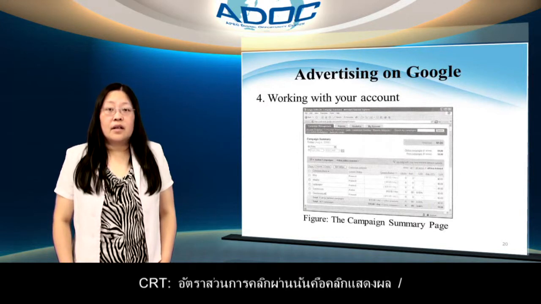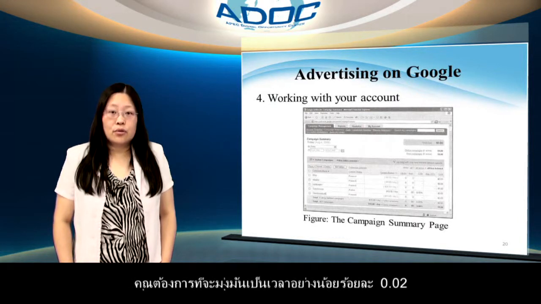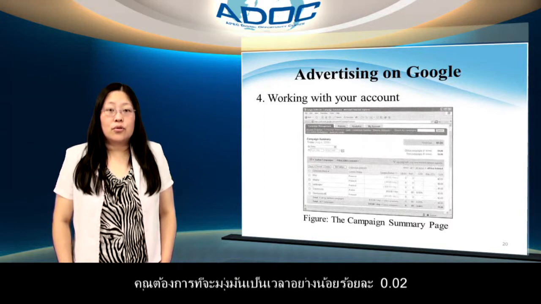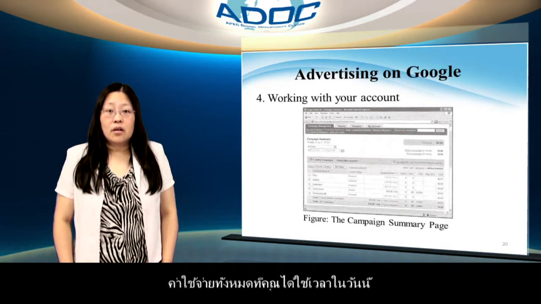CTR, the click-through ratio, that is clicks over impressions; you want to aim for at least 0.02%. Average CPC, the average cost per click you have been spending in the campaign. Cost, the total you have spent today.